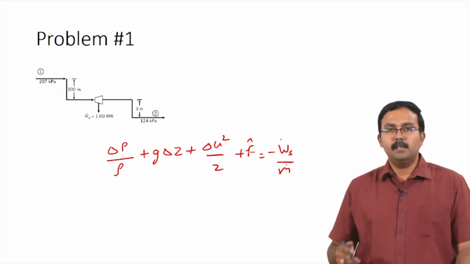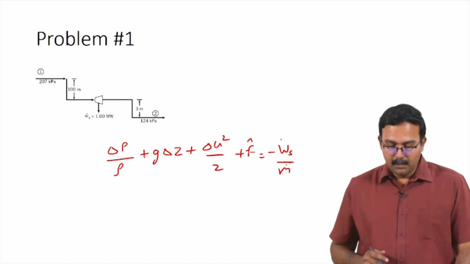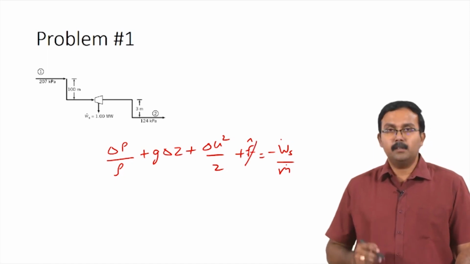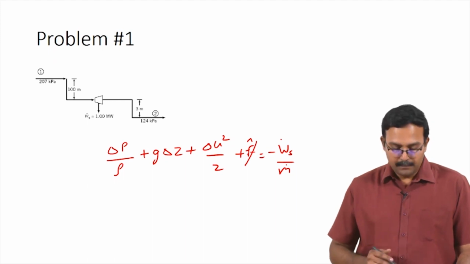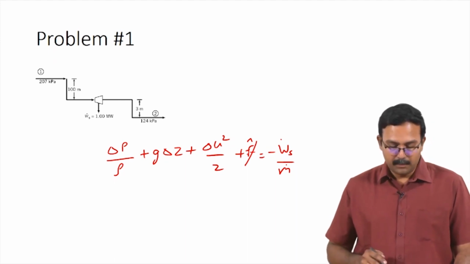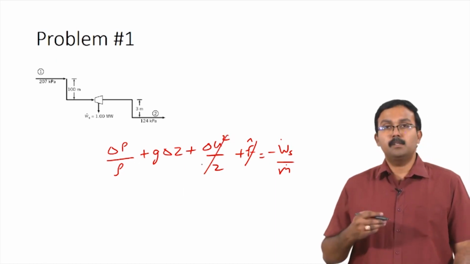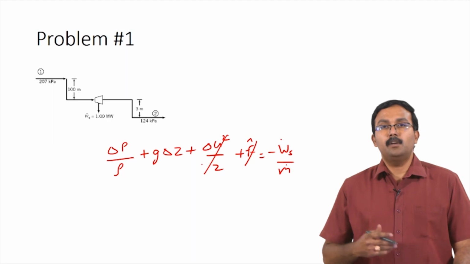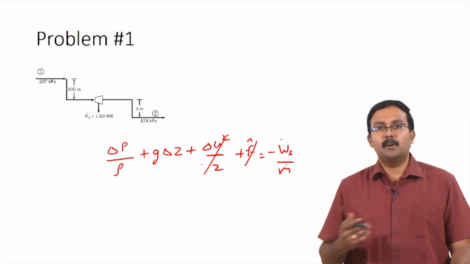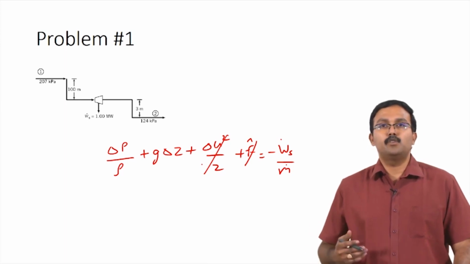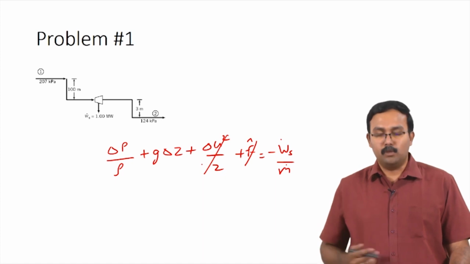In this system, we can ignore the friction term because no friction factor has been provided. However, we cannot ignore shaft work. We can also ignore change in velocity because we have not been told that the conduit is changing in diameter. We have been told that the conduits are similar, which means we can assume their cross sections are the same, which would indicate that the linear velocities would also be the same.